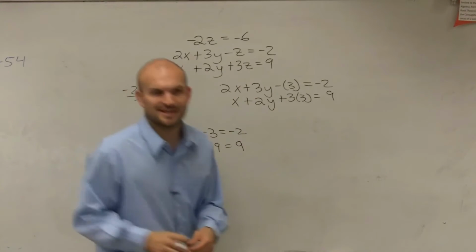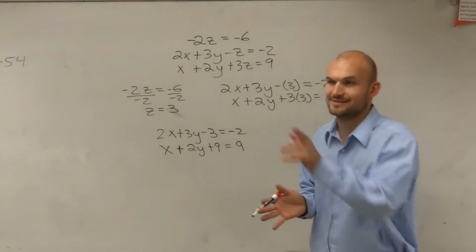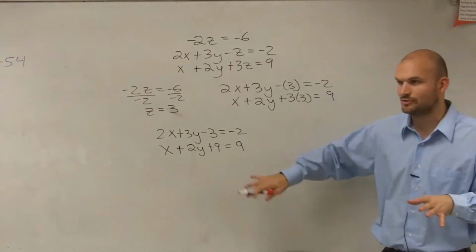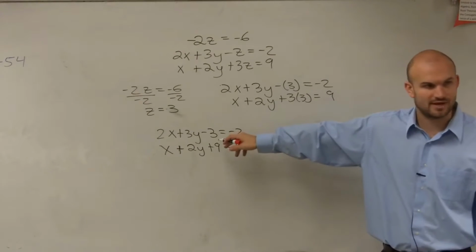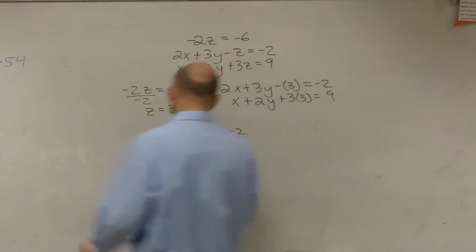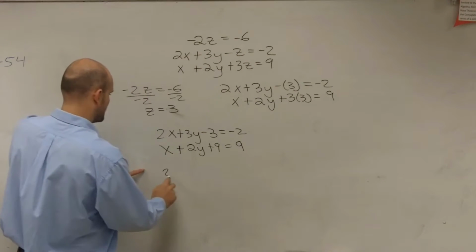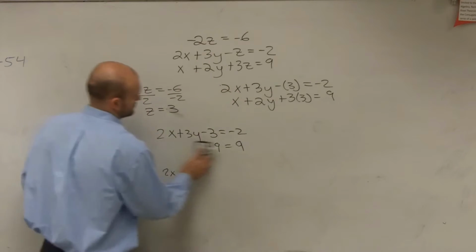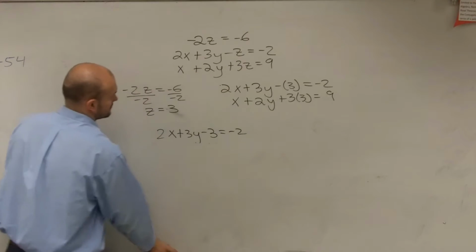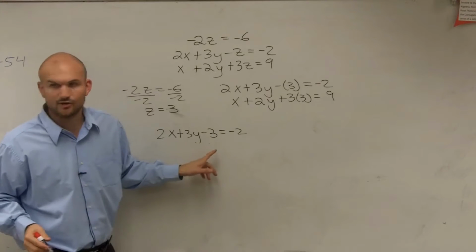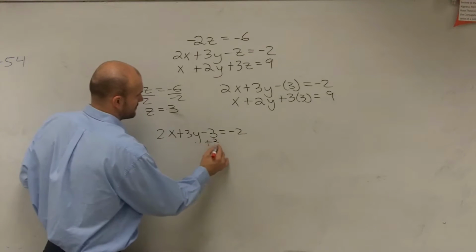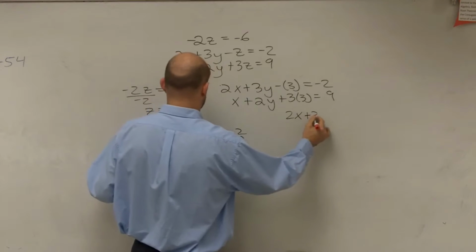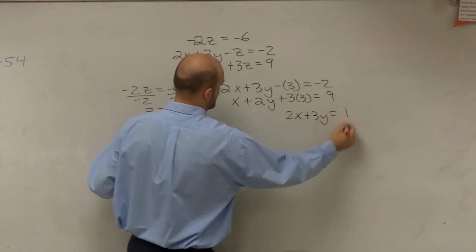Okay. Well, since I'm taking up video time, I'm just going to go through this. Let's go through these two equations. So then I solve for them. Ladies and gentlemen, I can add 3, right? So my first equation could be 2x plus 3y equals positive 1.